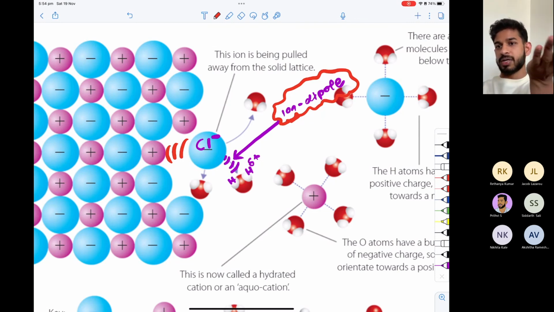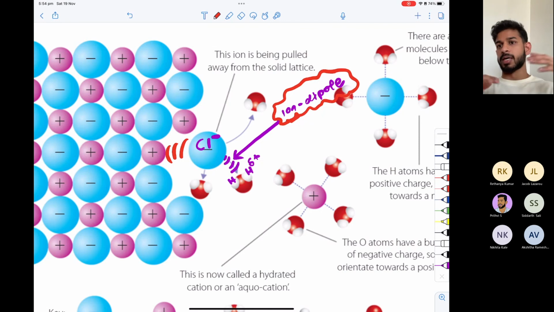Guys, what you're seeing here is not a clear depiction, it's a model. The limitation of this model is water is actually much smaller and chlorine is actually much, much larger. Chlorine has 35 as its mass number, 35.45. It should have 17 protons, 17 electrons in 3 shells. Remember, every shell you add, it gets much, much bigger.